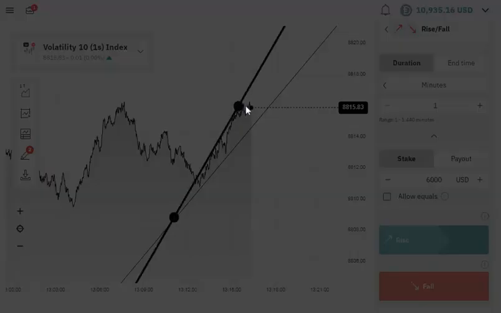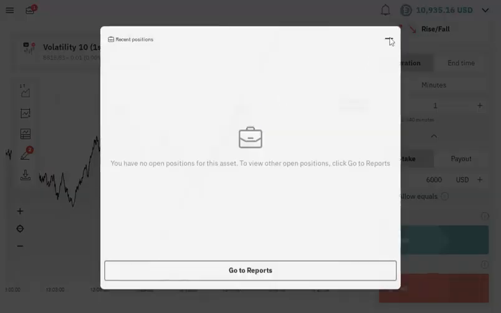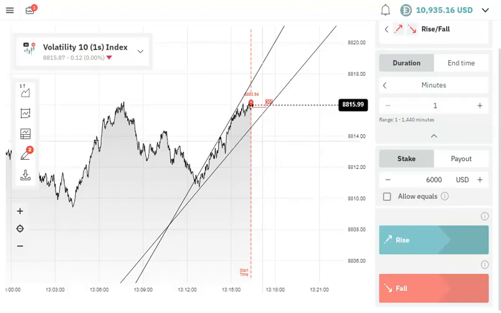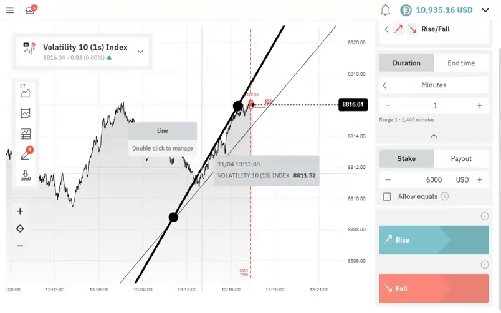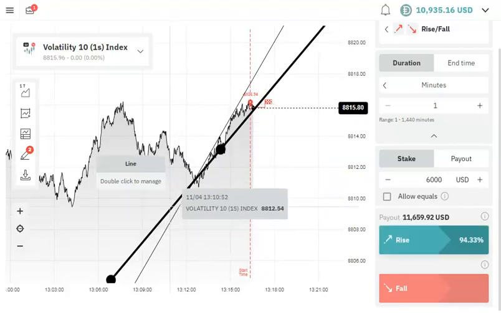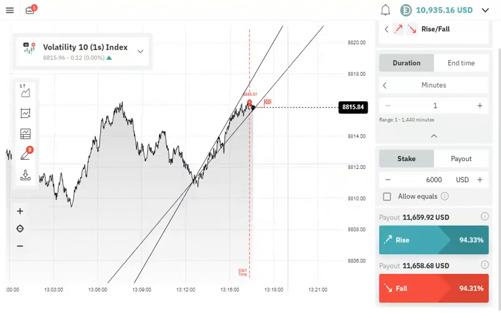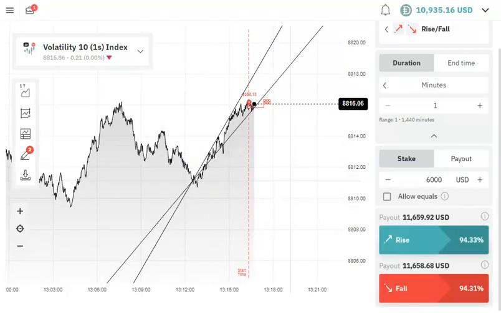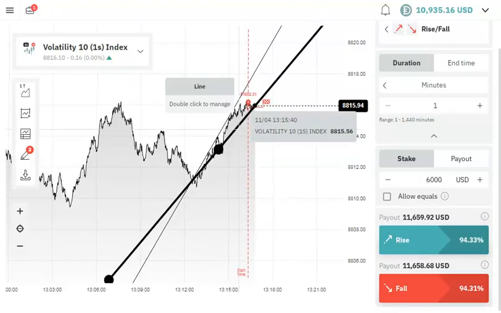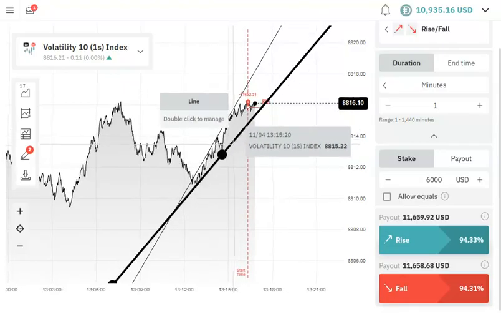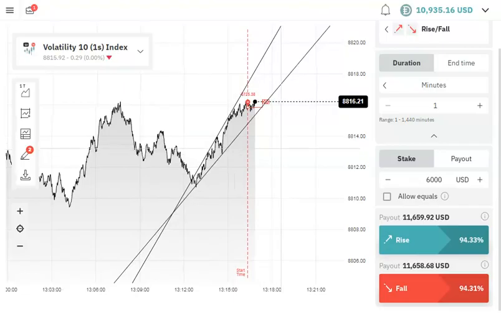The market has touched our resistance box, which suggests to me that we are likely going to go downward. The more we are able to predict the market rightly with trend lines, the more profitable we are going to be, and the better our future is going to be in the financial market.